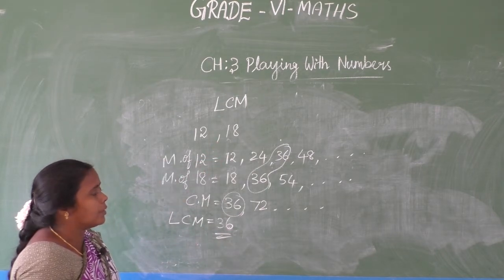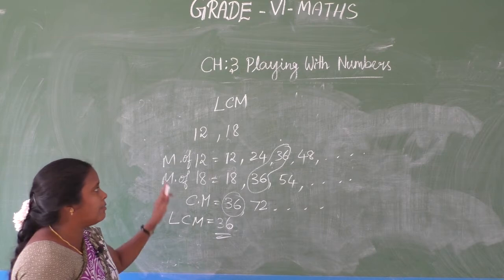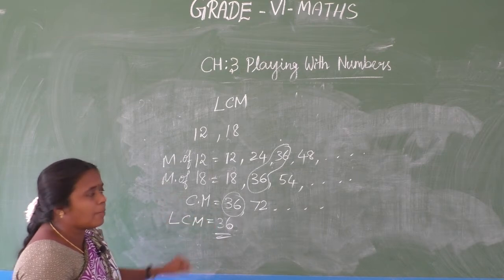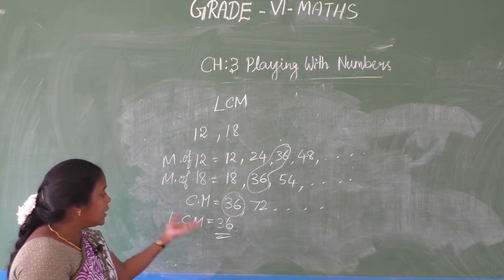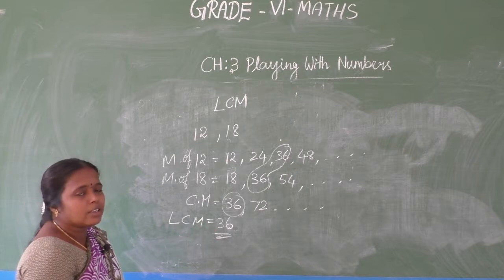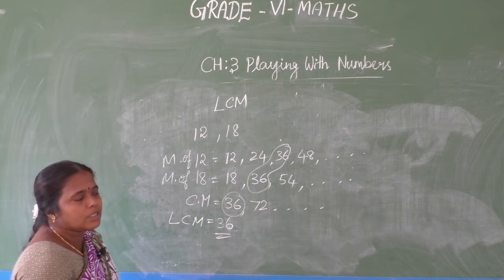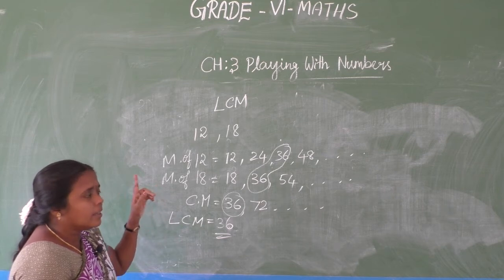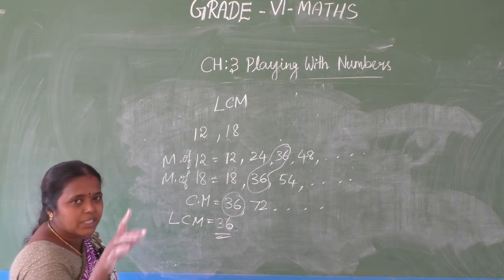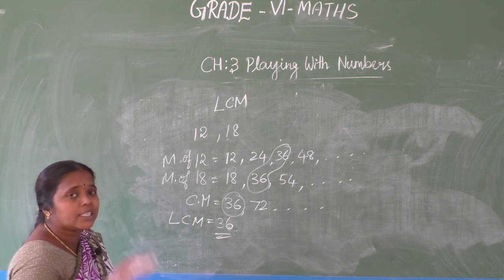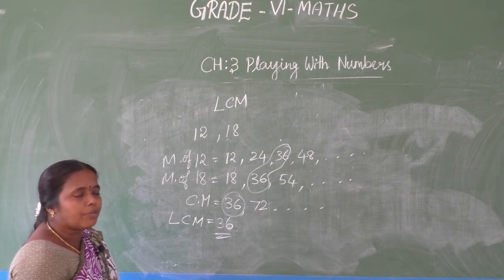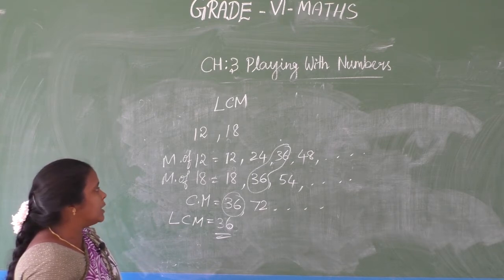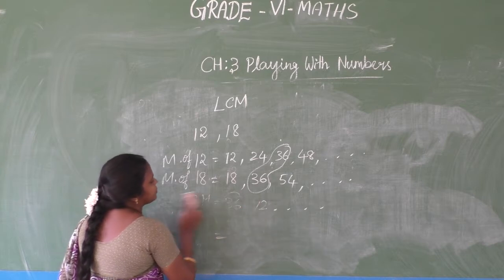This is one method: writing all the multiples of the given numbers, selecting the common multiple, and then finding the smallest common multiple. This is one way. Otherwise we can find the LCM by the division method, that means we can find the prime factors of the particular numbers. From that we can select the common multiple.